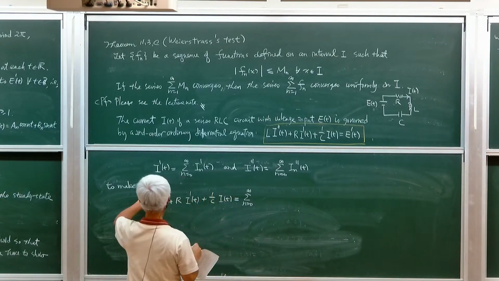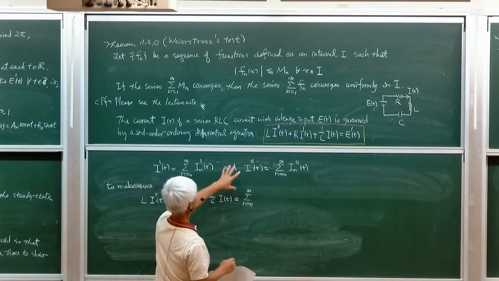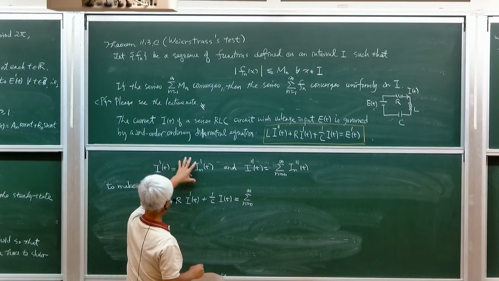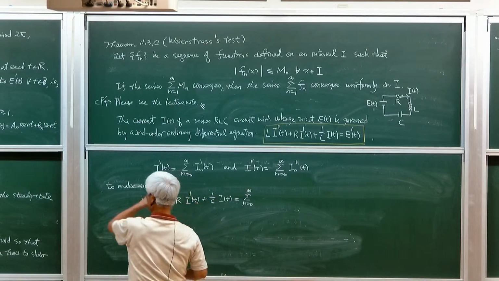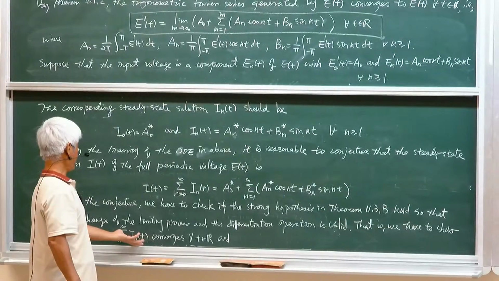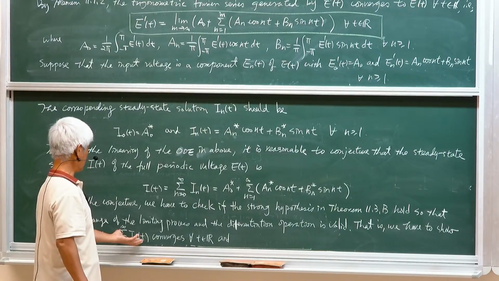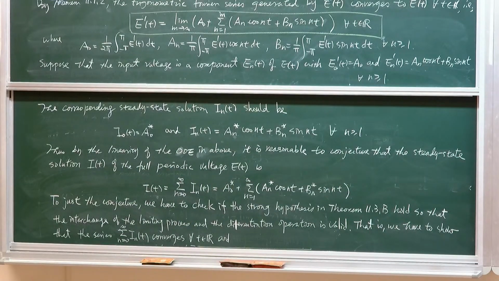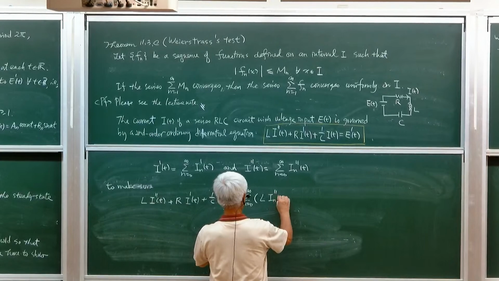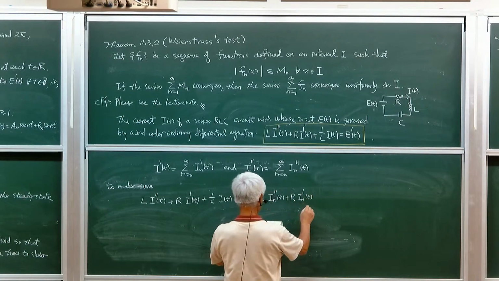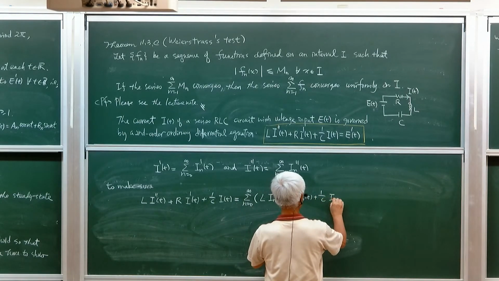Because we know that the second derivative is equal to this series sum. The first derivative of I of t is equal to this sum, and it is just the series sum here. It converges, because we have shown that this is true, so this comes to L In prime t plus R In double prime t plus 1 over c In t.